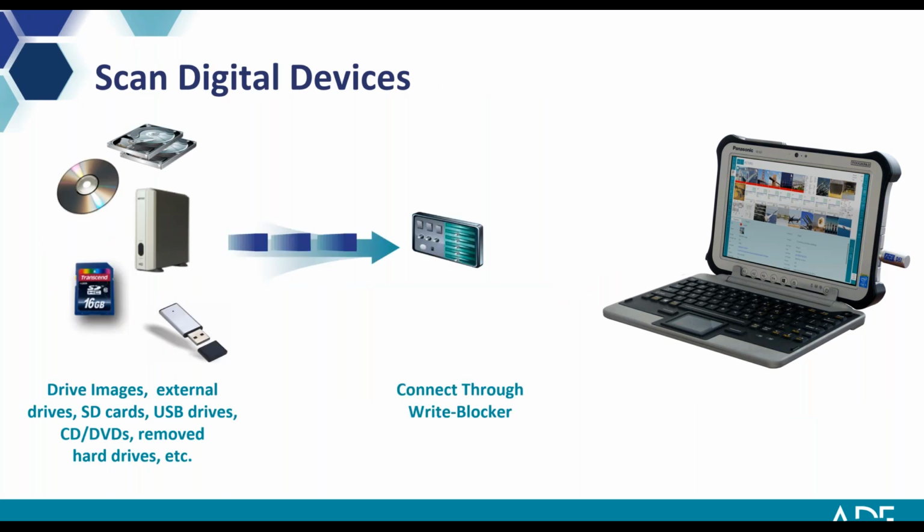Or if you're using the computer portion of our tool, you have drive images, external drives, CDs, DVDs, whatever digital device you may have, connect it through your write blocker to your machine, and you're able to do that scan. That also includes images as far as E01 and DD files.